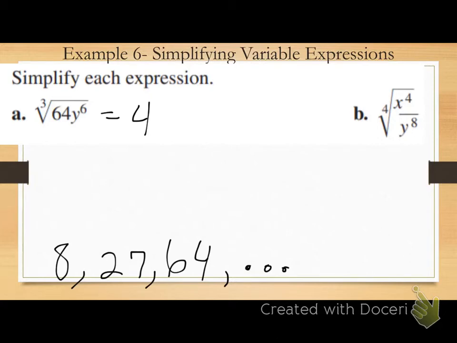You guys remember, I can take my exponent, divide it by my index. What's 6 divided by 3? There it is. Does that make sense? That was like last week, was it not? But you could do it by breaking it down. Because how many y's do I have? 6.